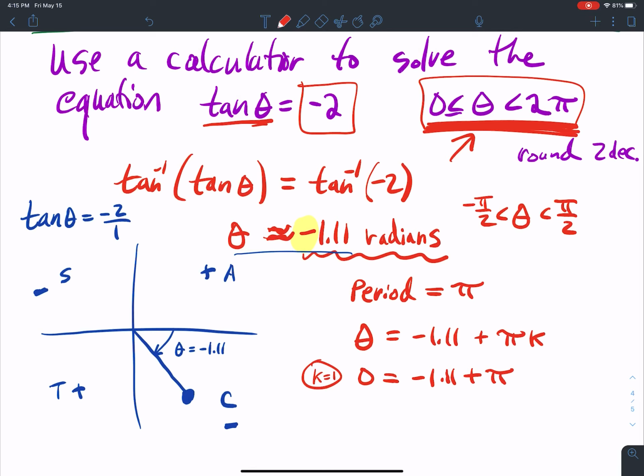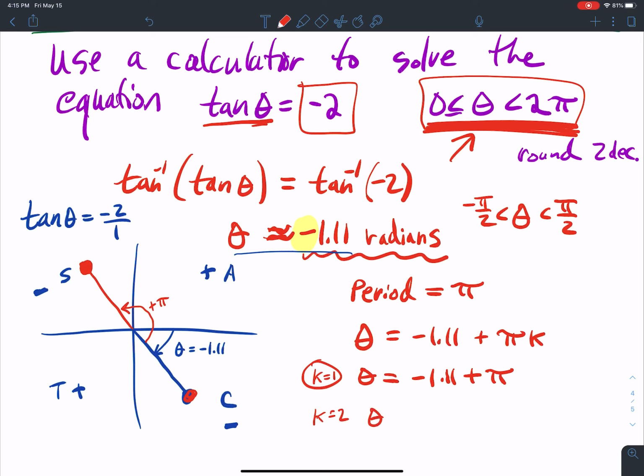So what does that look like? Adding pi takes this right here and rotates me all the way around to right here. So that's plus pi to my angle. So theta here, that's one of them. Okay, so that's good. What about k equal to 2?